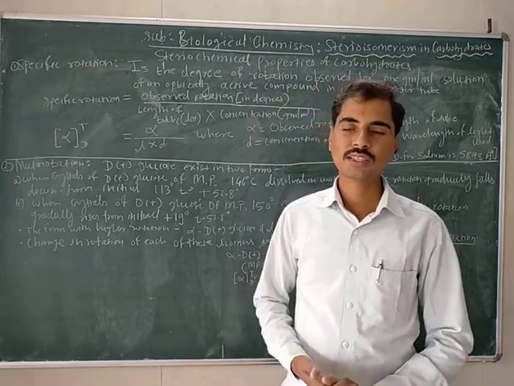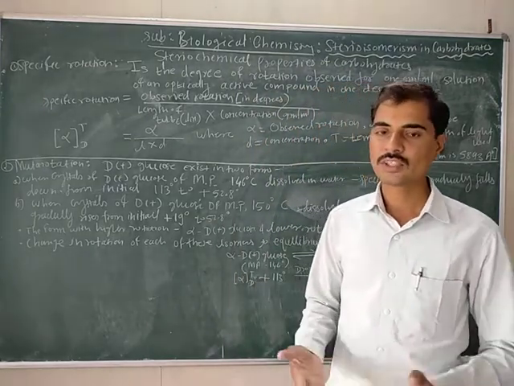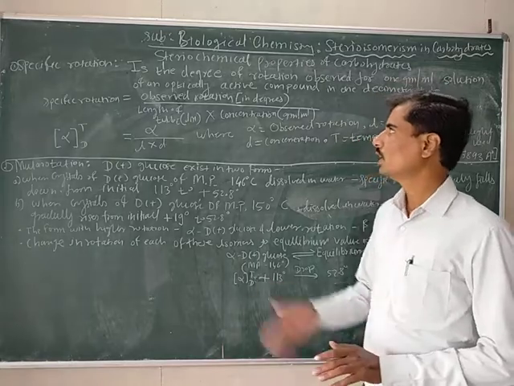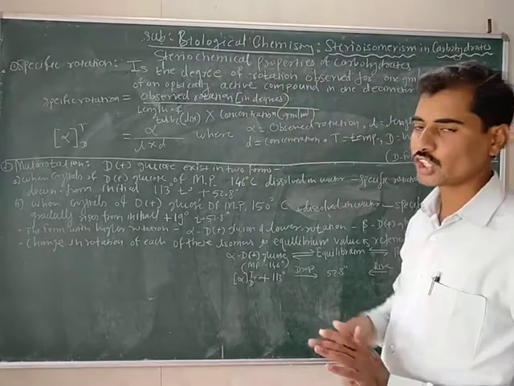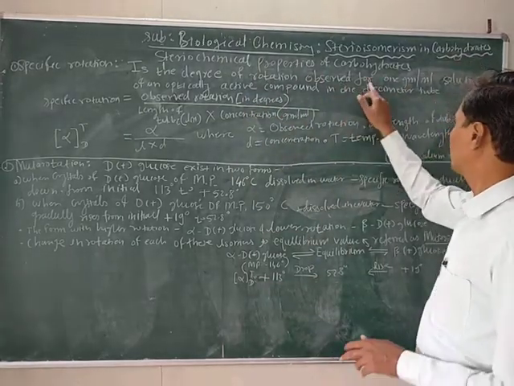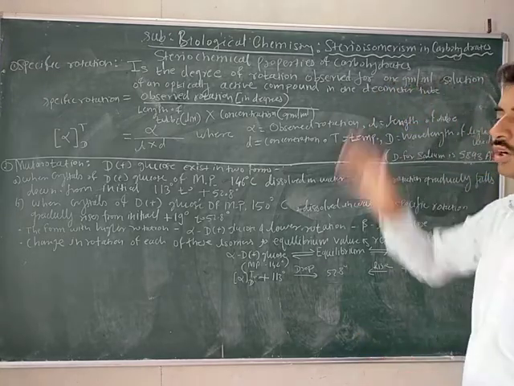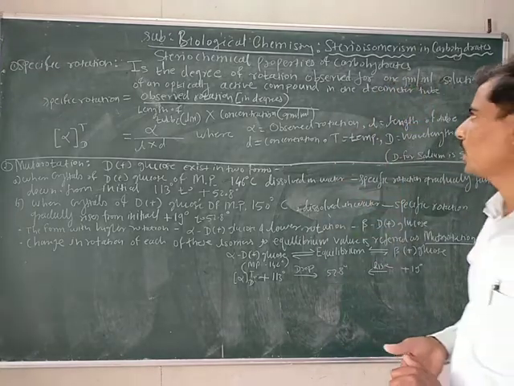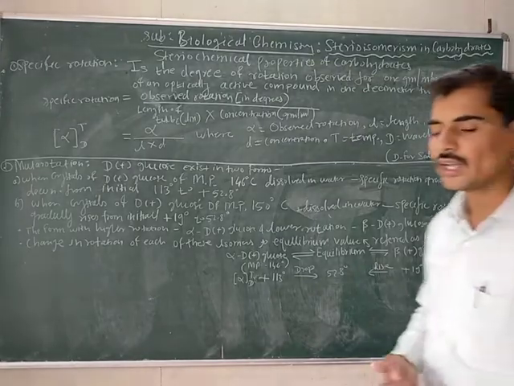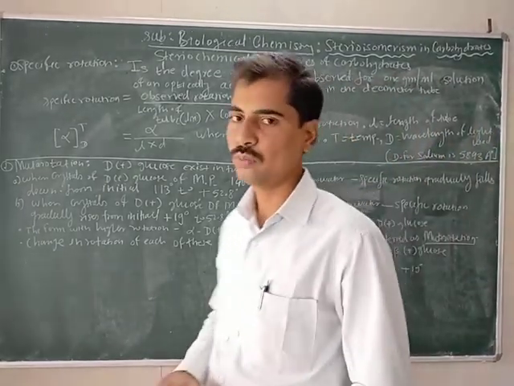So what is meant by the specific rotation? Specific rotation is the degree of rotation observed for a 1 gram per ml solution of an optically active compound in a 1 decimeter tube.